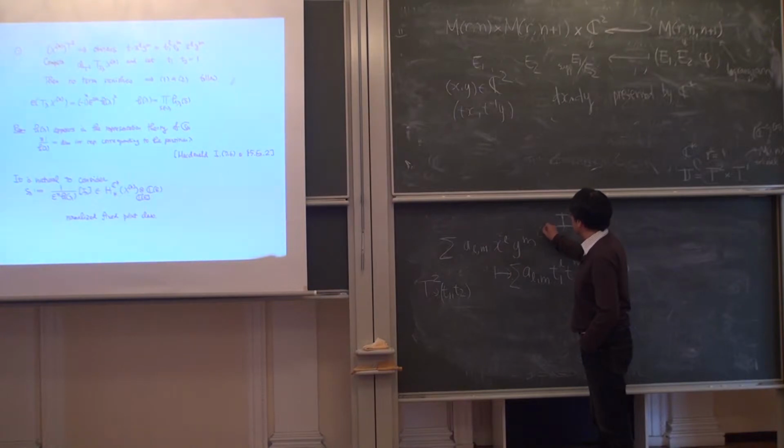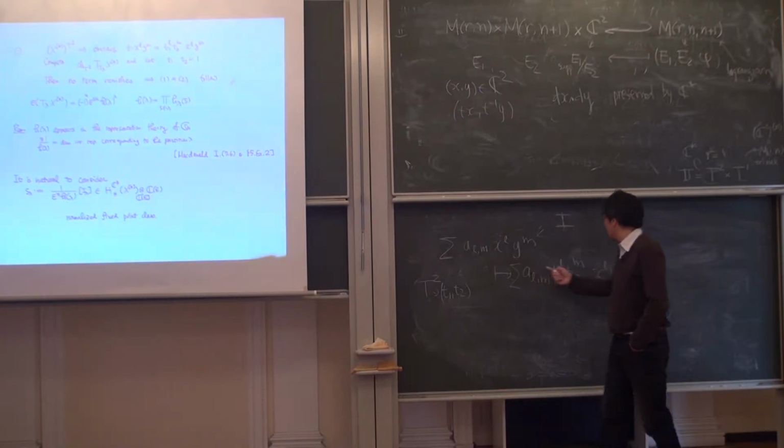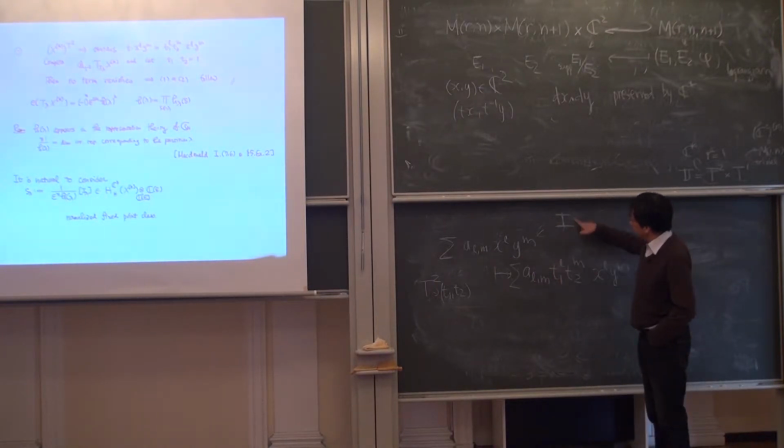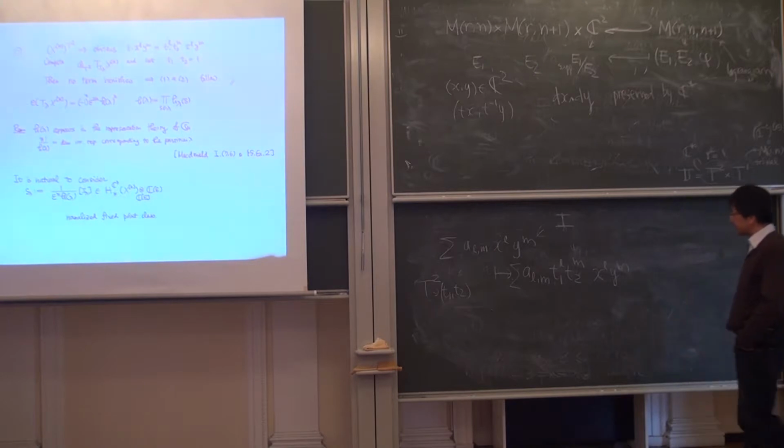Then you take this to be a generator. If it is invariant under the torus action, this must also be in the ideal.